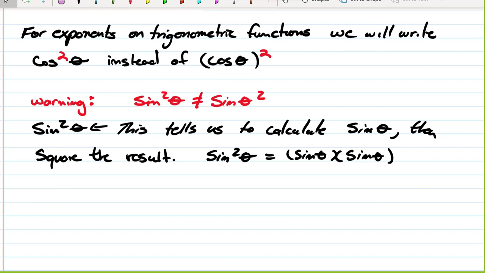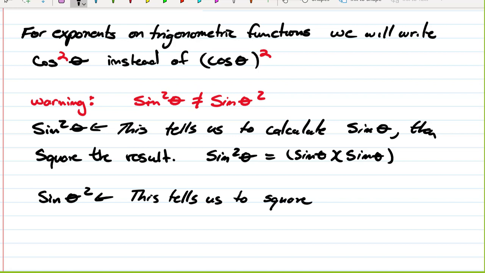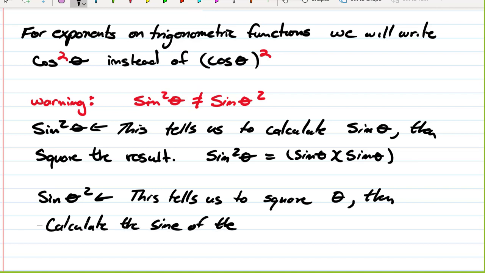The other one, if we have sine theta squared, this tells us to square theta, then find the sine of the result.